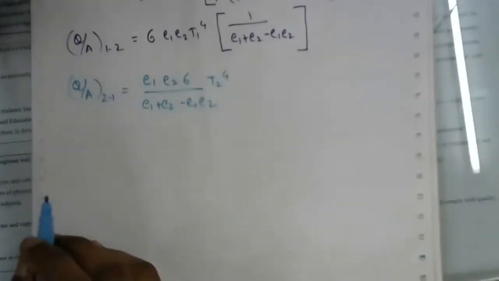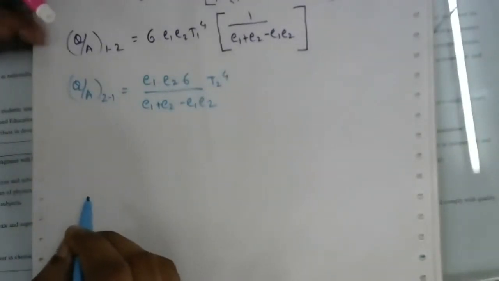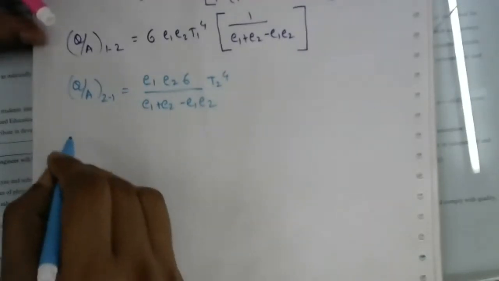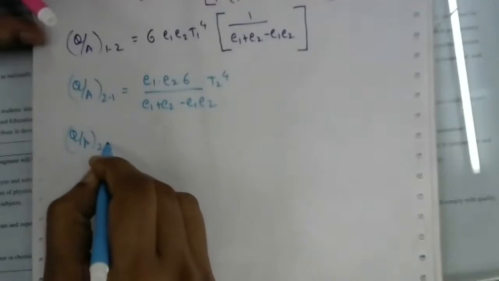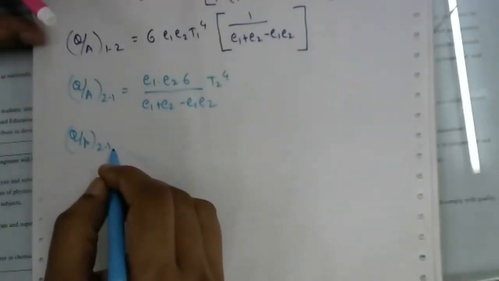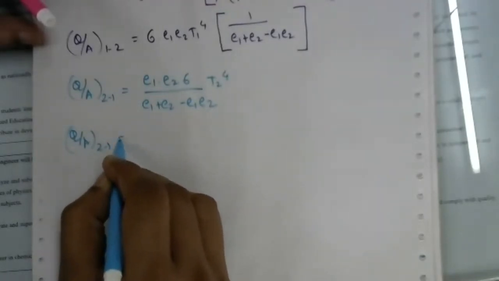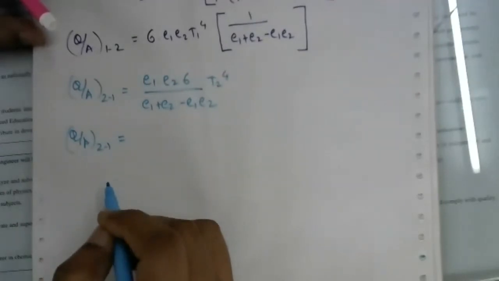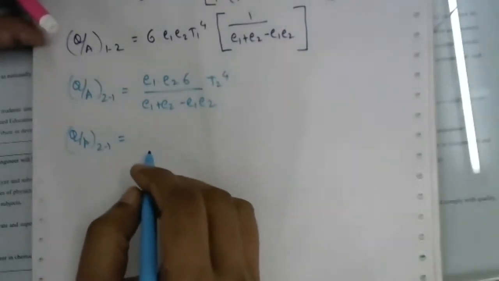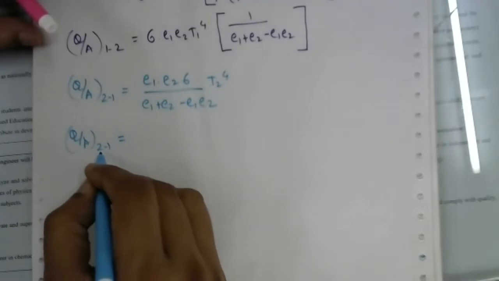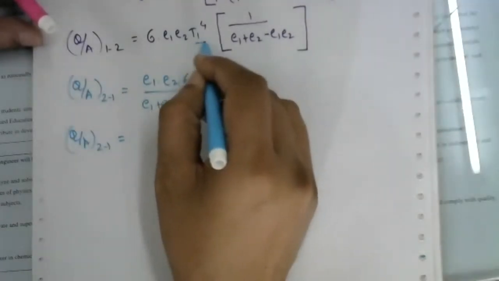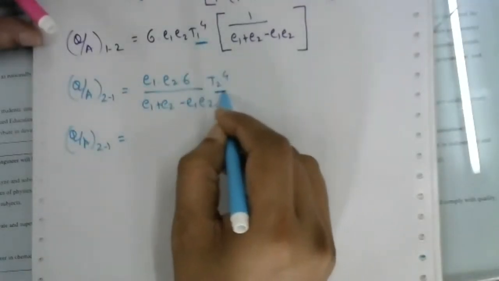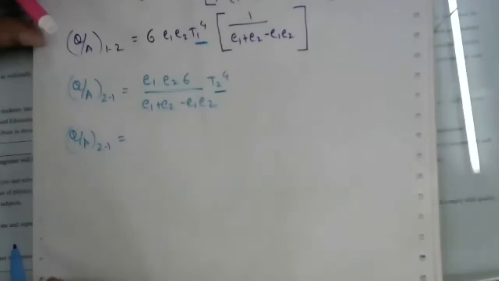So this is the total net transfer of energy per unit area per unit time, and this 2 dash 1 indicates the transfer of energy from surface 2 to surface 1. We have already written this equation, so instead of this T1 raised to 4, now here it is T2 raised to 4.